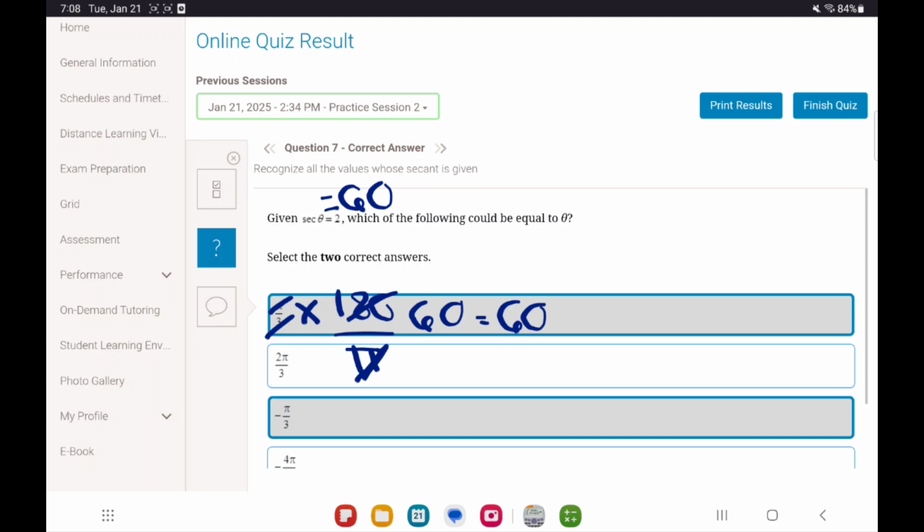For secant, remember this: you can have positive and negative. Or if you don't remember that either, go to your calculator, minus 60. So the secant of minus 60 is going to be the same thing. Let's go to our calculator.